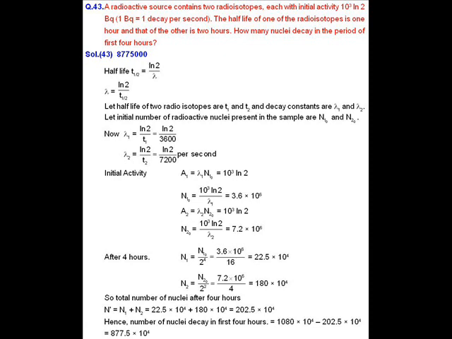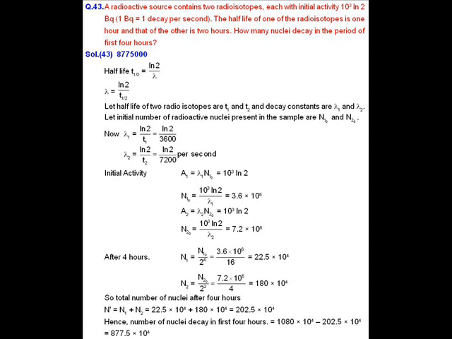Substituting the value of decay constant in this equation, we will get initial nuclei of first isotope as 3.6 into 10 raised to power 6. Similarly, we will use the same concept to calculate the number of initial nuclei for second isotope. We will use the initial activity and substitute the value of lambda 2, and then we will get the initial nuclei of second isotope, that will be 7.2 into 10 raised to power 6.